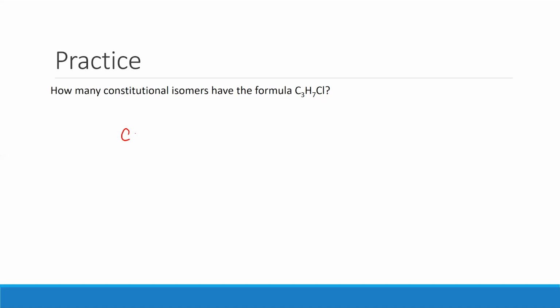So let's draw our 3 carbons. Now, we know that there are 7 hydrogens, and I'm going to fill hydrogens in using the piece of information I talked to you about in review. I told you that carbons always like to make 4 bonds.